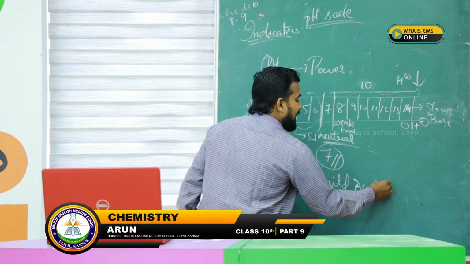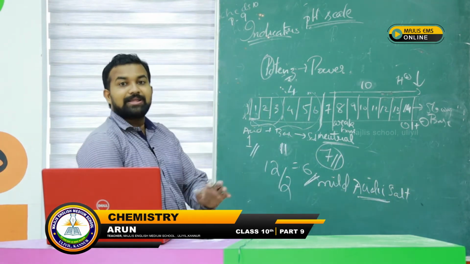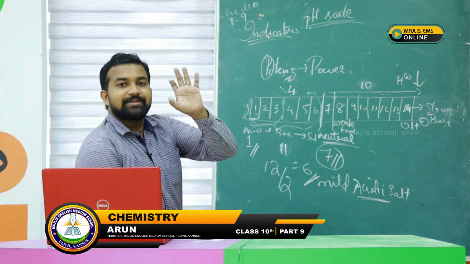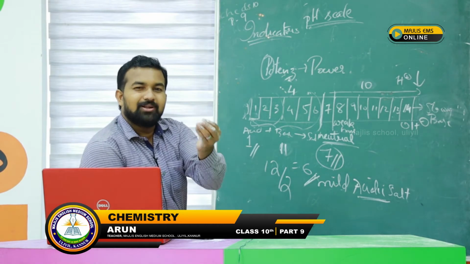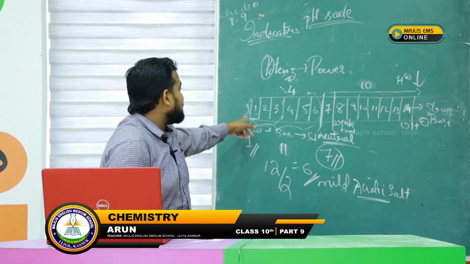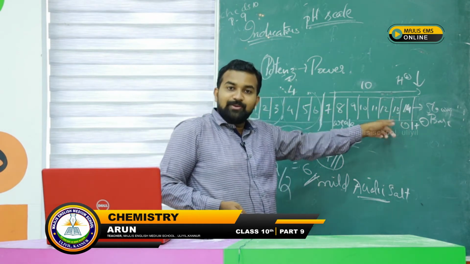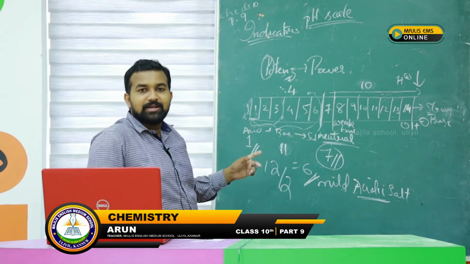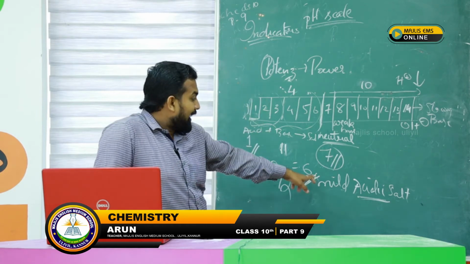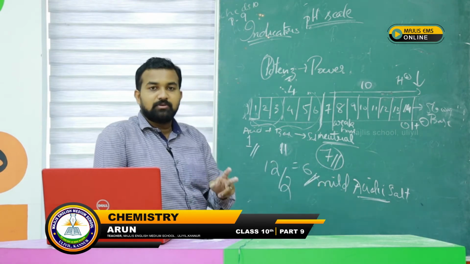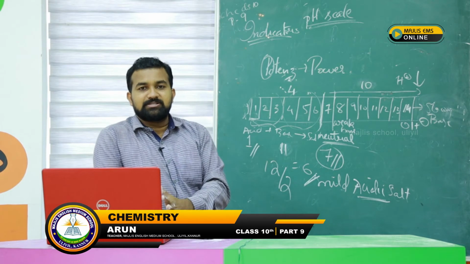This will have a small acidic characteristic also. But we can't say that it is an acid. It is a salt, a neutral salt which has a small acidic character because we have taken a strong acid. So in the case if we took a strong base and a weak acid, then also we will get a mild basic salt. It's a neutral salt itself, but it will show small basic characteristics.